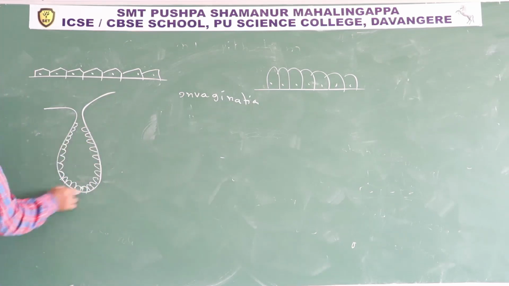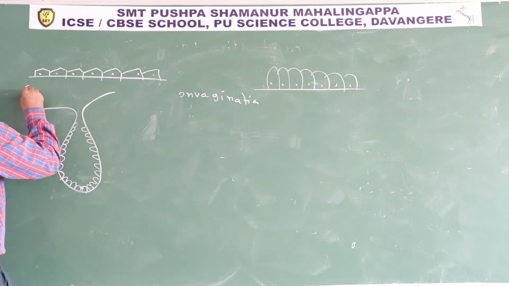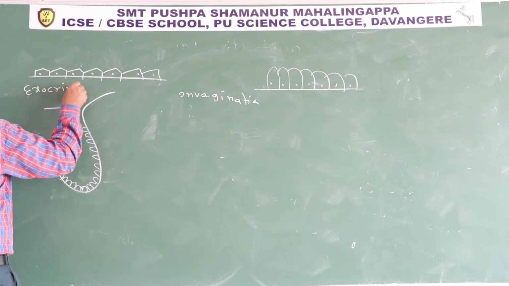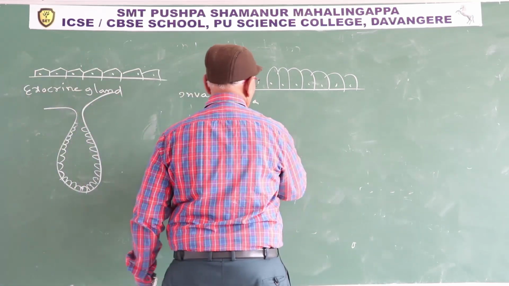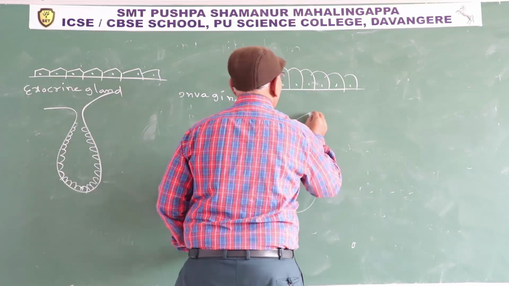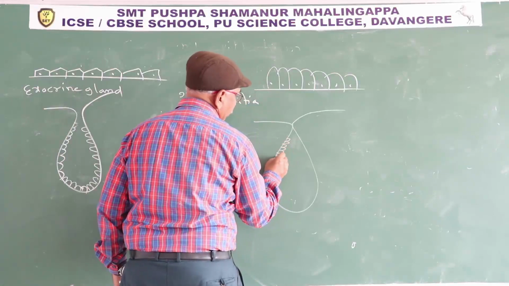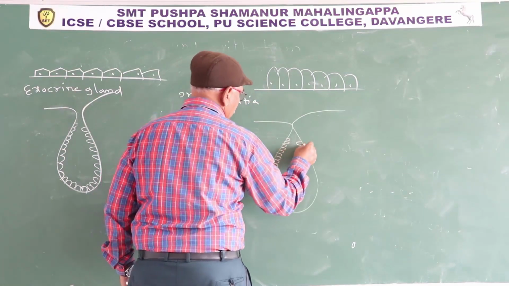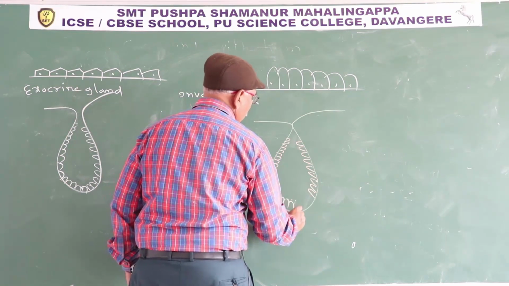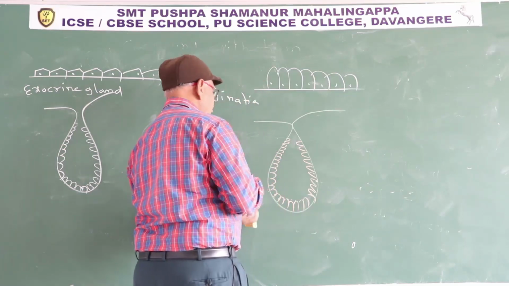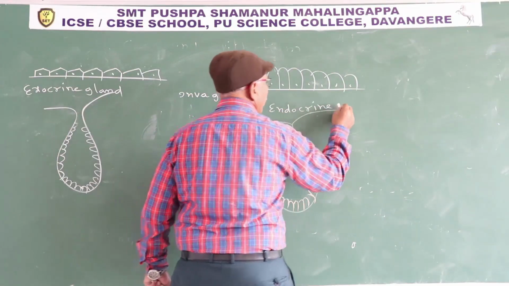After formation, if it maintains connection to the surface, it is known as an exocrine gland. If it loses the connection to the surface, it is an endocrine gland.